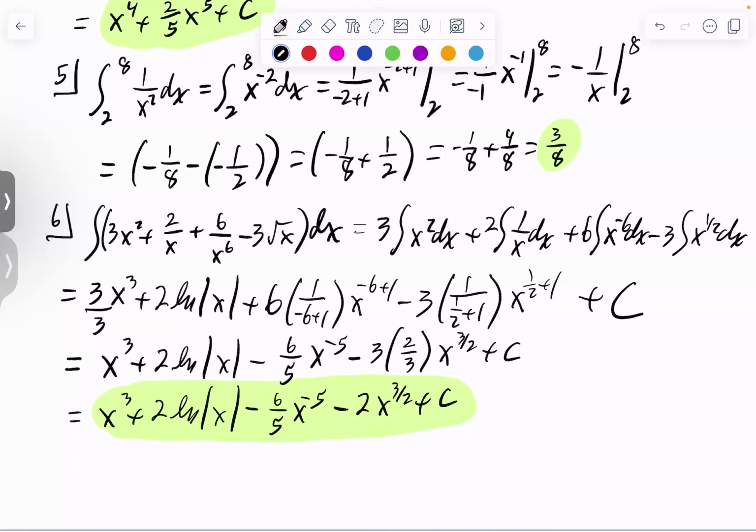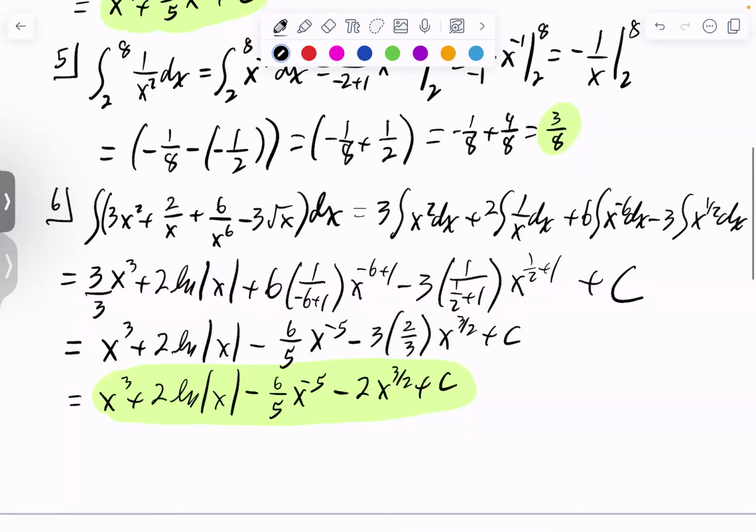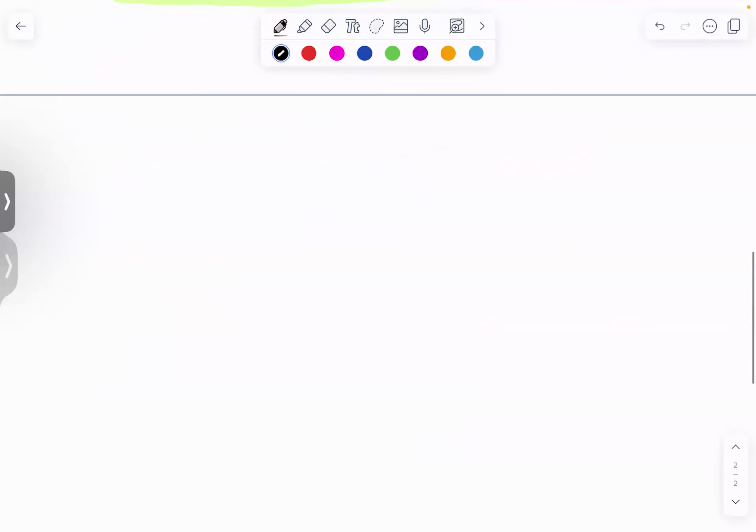All right, let's move on to number 7. We have the integral of 6 over x squared plus 3x plus 4 dx. And once again, I'm going to break this down into several smaller integrals.